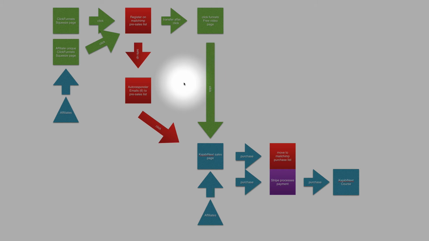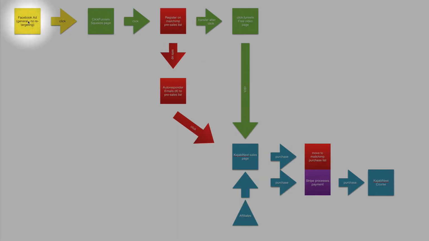So now let's suppose that you want to send somebody into this funnel from an ad, from a Facebook ad, for example. A simple Facebook ad with no retargeting, which we're going to get into in just a minute, is pretty simple. Your user comes in at the front through the ad, they click, and they get into your squeeze page and go through the entire process just like we were before.